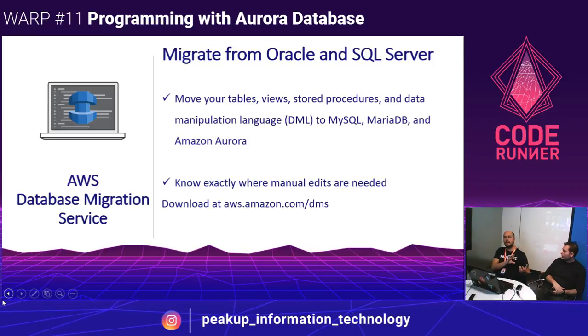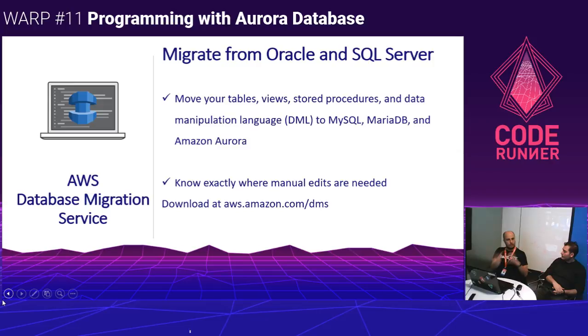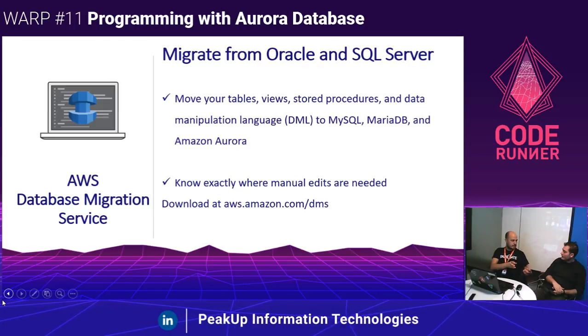How can I say? There's a catalog converter also in AWS. So you give it your Oracle or SQL Server data structure, and it converts it to be compatible with Aurora DB.